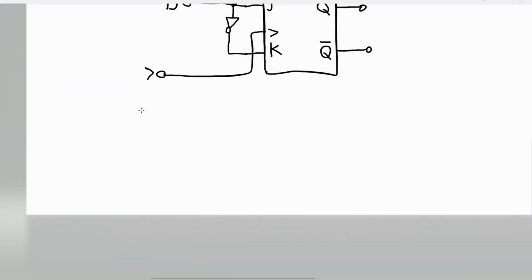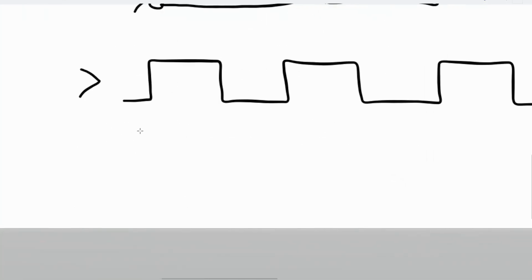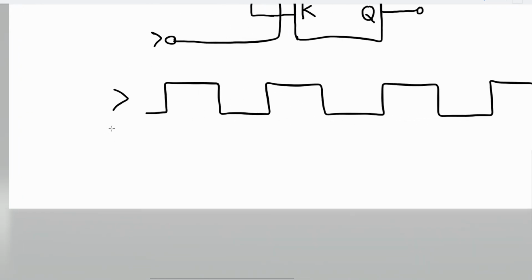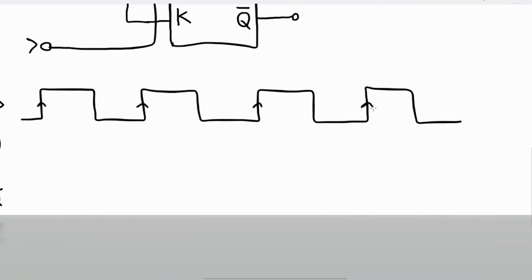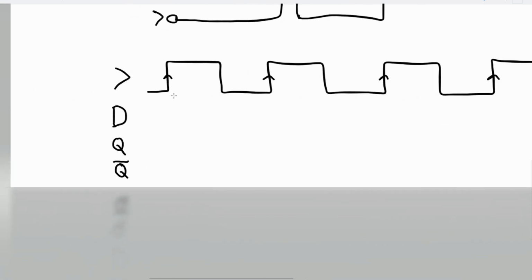So I'll draw a short timing diagram. So let's say you have your clock signal and your D value, your Q and your Q bar. On timing diagrams I always like to mark my rising edges, because that's the only thing you're really interested in.